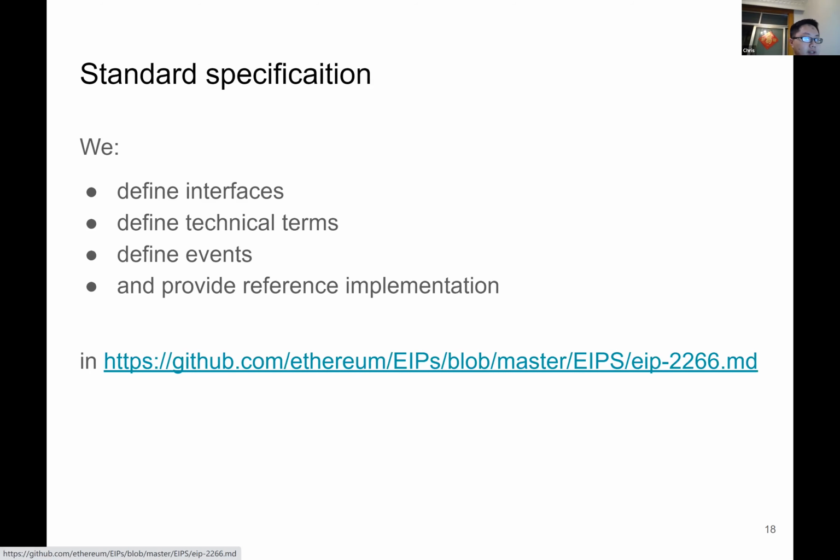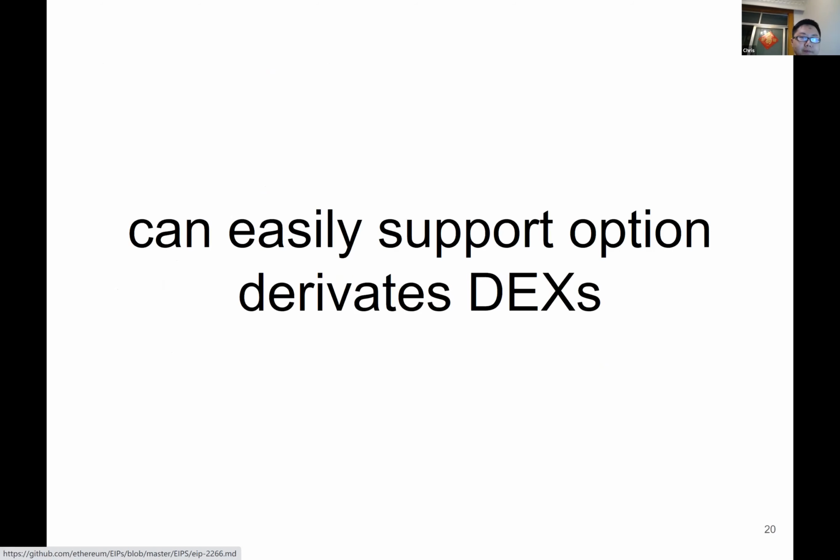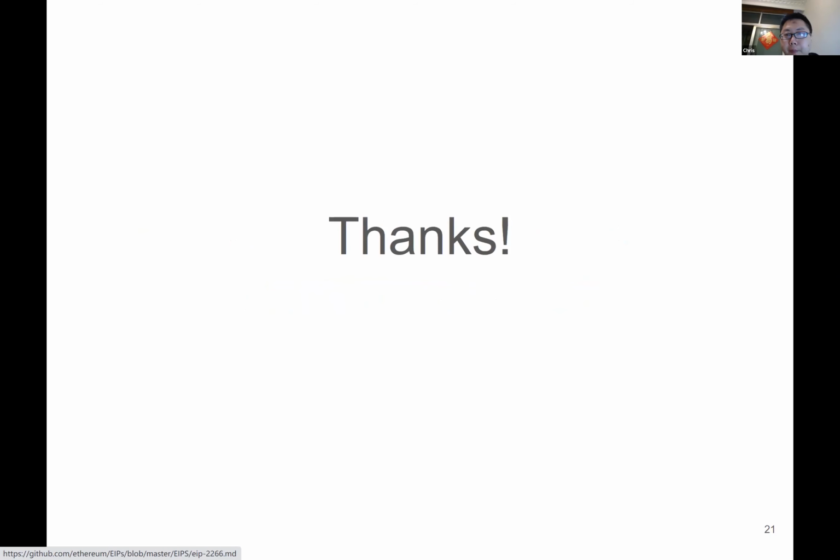Moreover, this standard can be used to build trustless DEXs for option derivatives, because the protocol could support the European option easily just by fixing the height of settlement. Because of the many good things this EIP brings, that's why we think this EIP should be moved to the next stage. Thanks.